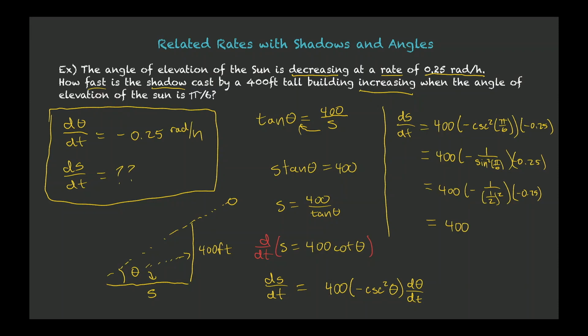Now we can look at the derivative itself to think about the units. ds is a change in the shadow's length, and in this problem, length was measured in feet. And dt was a unit of time, and time in this problem was in radians per hour, so time is hours. So the length of the shadow is increasing at 400 feet per hour at this time.